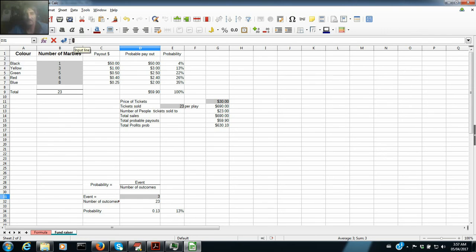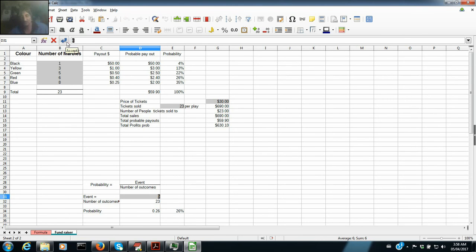We add 5, and we now see that the one player has a 22% chance of getting $2.50 on their $30 play. Okay, we move down and add a 6, and so to get $2.40, it's a 26% chance. We go now to the 8, to the blue balls.